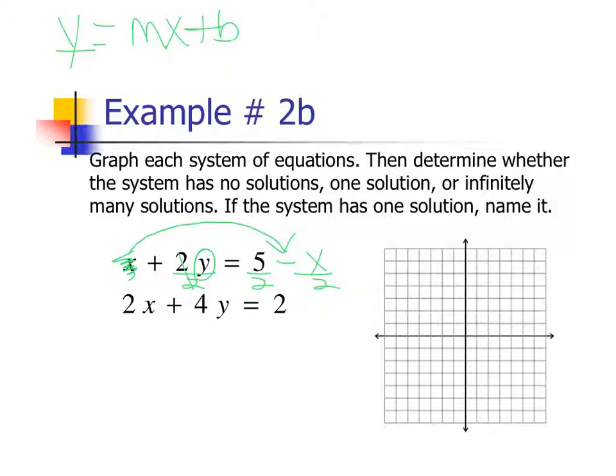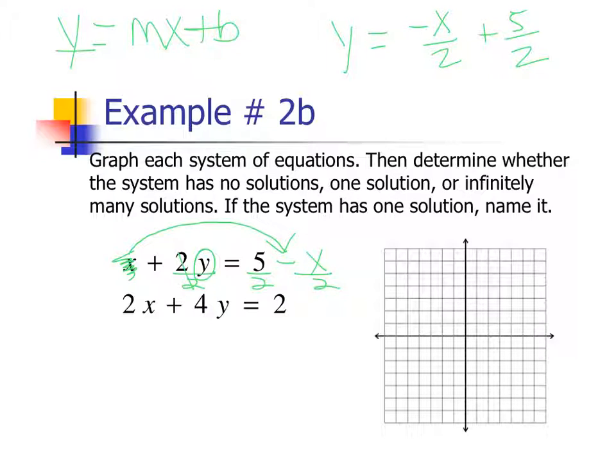So, and then these cancel out. And my equation in slope-intercept form is this. I'm going to rewrite this equation at the top so you can see it. Here's the first one. I'm going to have negative x over 2 plus 5 halves.